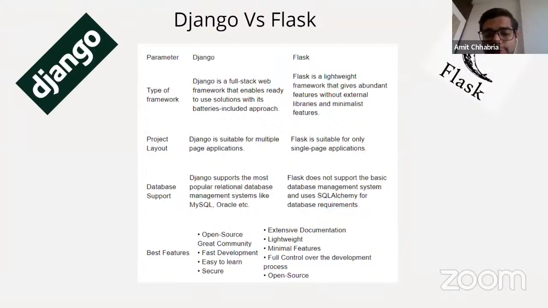Whereas if we look into Flask, it has minimal features and gives full control from the development perspective, but only for single page applications. That's the issue. It's lightweight, agreed. But because you are going for a small scale application, only then I'll say go for the Flask framework, or else you should stick to Django.